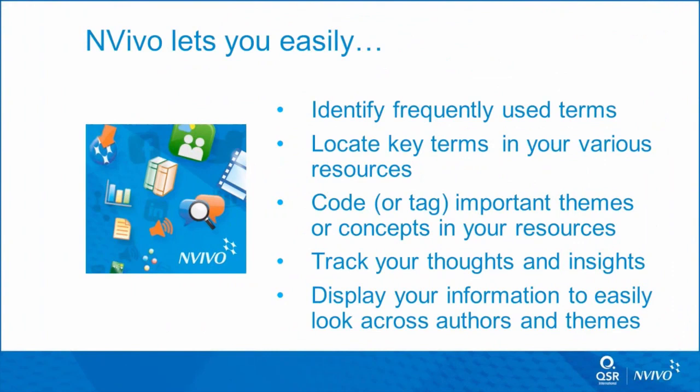NVivo lets you easily identify frequently used terms, locate key terms in your various resources, code or tag important themes or concepts in your resources, track your thoughts and insights, and display your information easily to look across authors and themes.